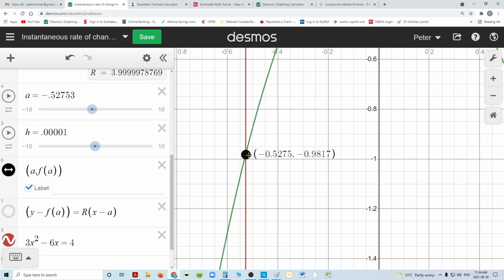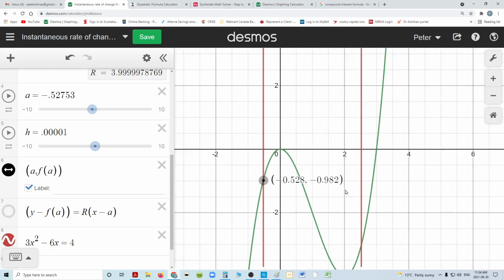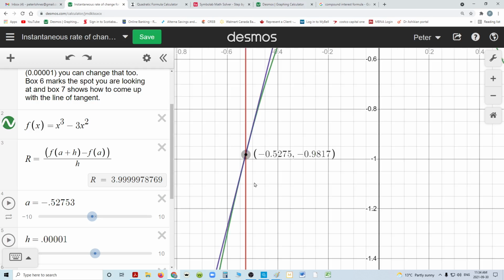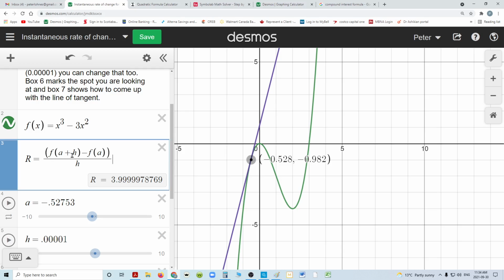It'll draw a red line. It'll say it happens here, and it happens again right here. So you can see that you get very, very accurate numbers. And as shown, it will draw the tangent line for me with this setup.